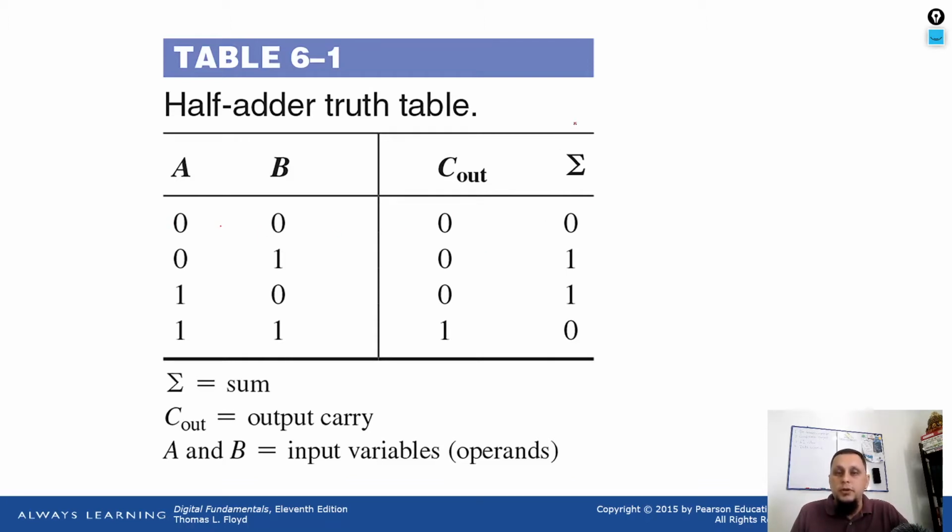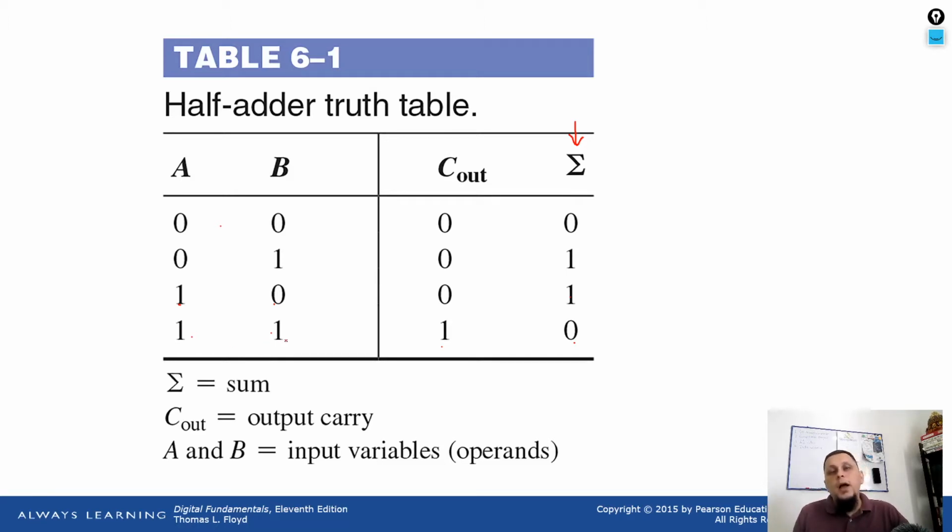This is the sum. 0 plus 1 is equal to 1. 1 plus 0 is equal to 1. 1 plus 1 is equal to 1, 0. In this case, 0 is the sum and 1 is the carry. And this is the only case when the carry bit is generated, when A is equal to 1 and B is equal to 1.